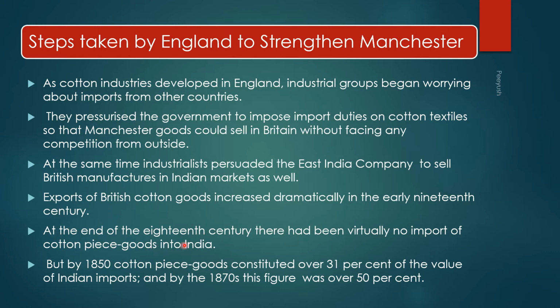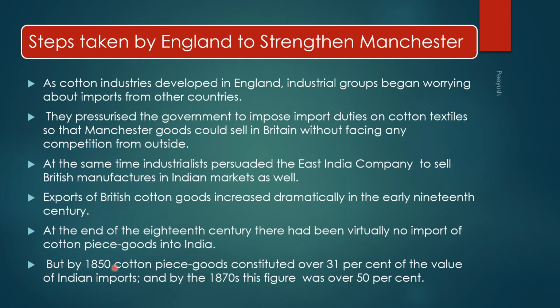At the end of the 18th century, there had been virtually no import of cotton piece goods into India. So, as we are talking about the 18th century, there were no imports. We were not importing any cotton clothes from England. No imports in India. But the situation changed, as we discussed in the statement earlier.